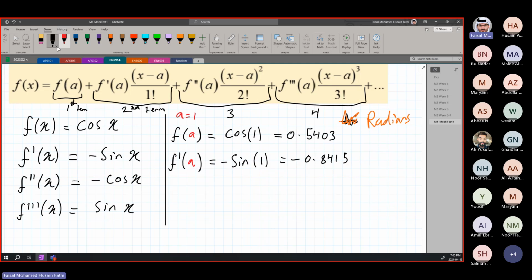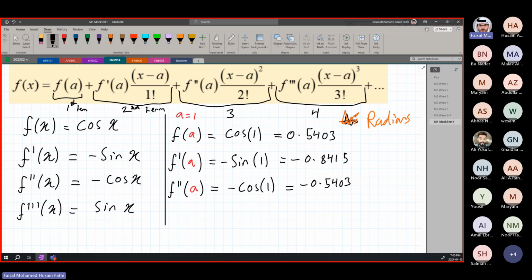So minus sine 1 is going to be minus 0.8415. F double prime of a is going to be equal to minus cosine of 1, which is minus 0.5403.